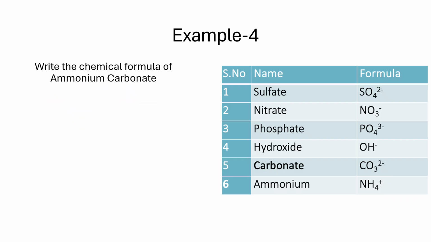Let's take one more example. Let's take the case of ammonium carbonate. I would like you to pause the video and try this yourself before I reveal the answer. Alright, so I think you may have tried this yourself. Let's try to write the formula of ammonium carbonate.